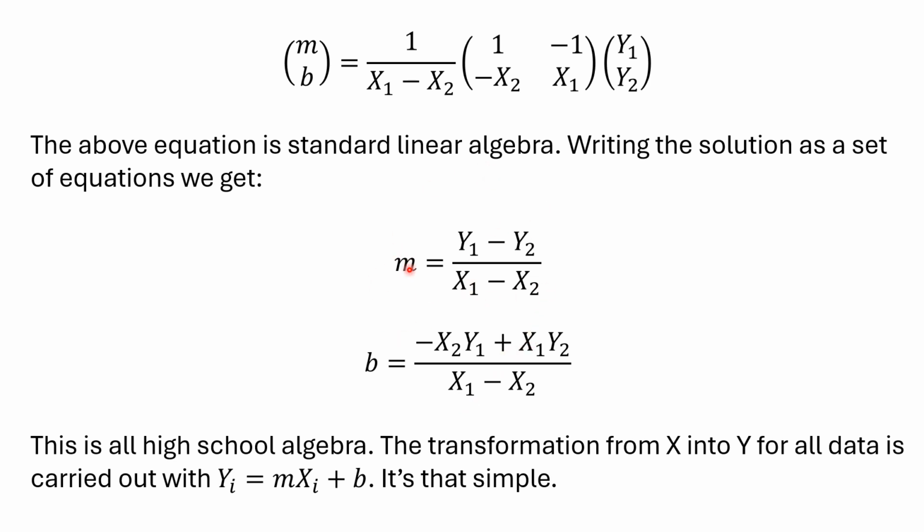All right, so m and b are then determined, and then we transform through the linear function, m times xi. The i-th student gets an exam score xi. We multiply by m and add b to that, and that gives the adjusted score yi. And it's that simple.